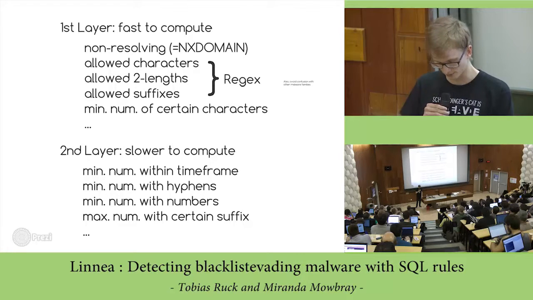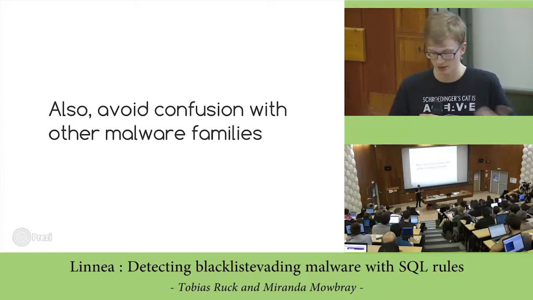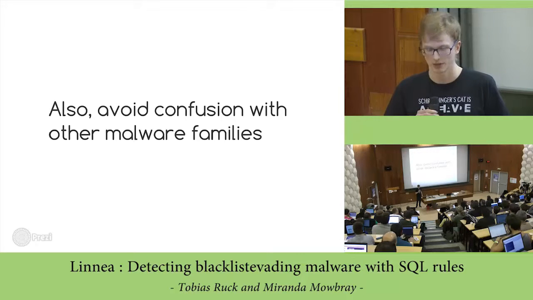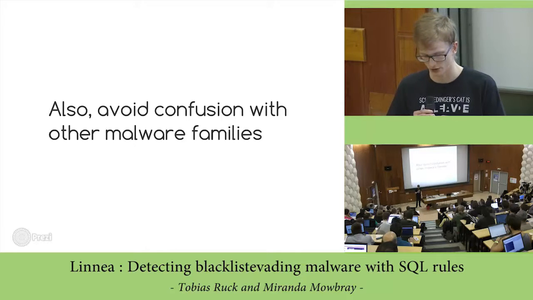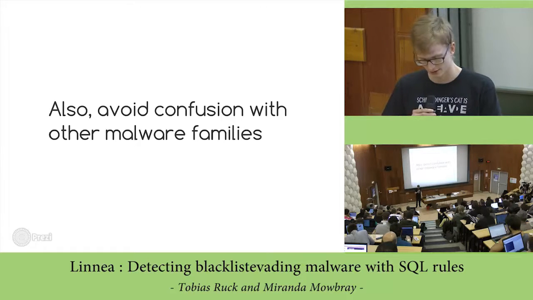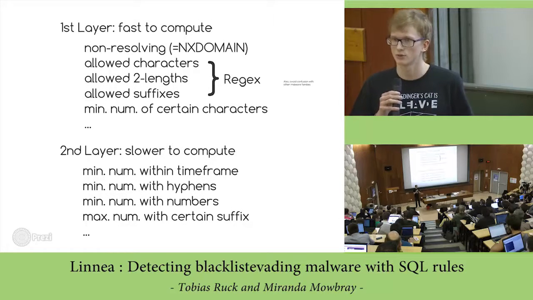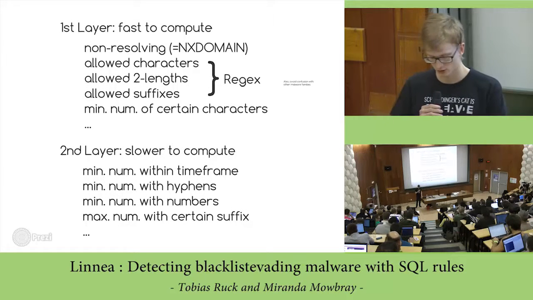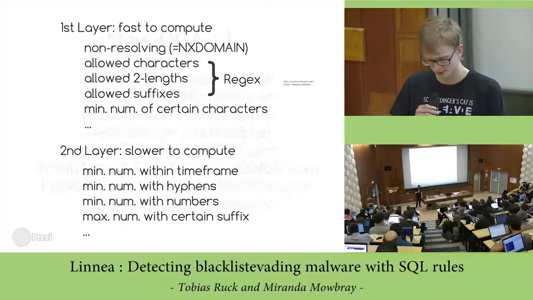Okay, so what you should also note is that if there are many different malware families, you have to try to avoid confusion with each other. You'll see an example of that later. But if you obey these rules, then it's not too difficult to write Linnea queries.